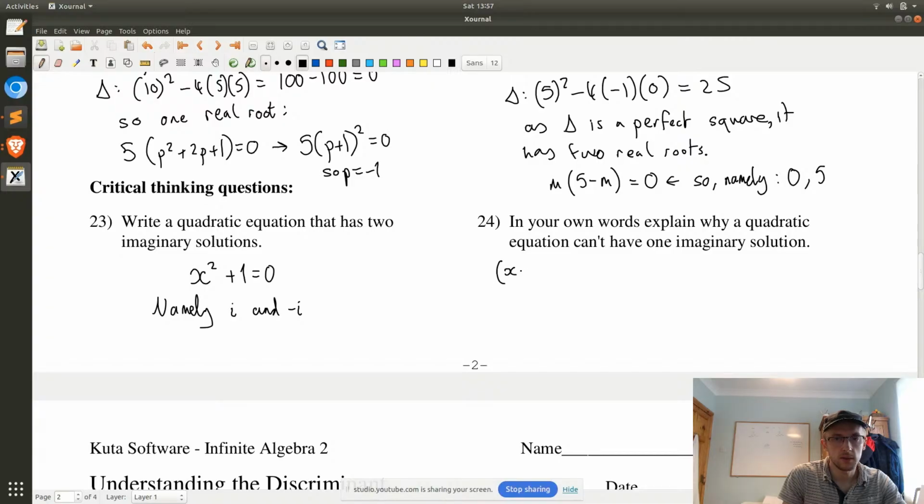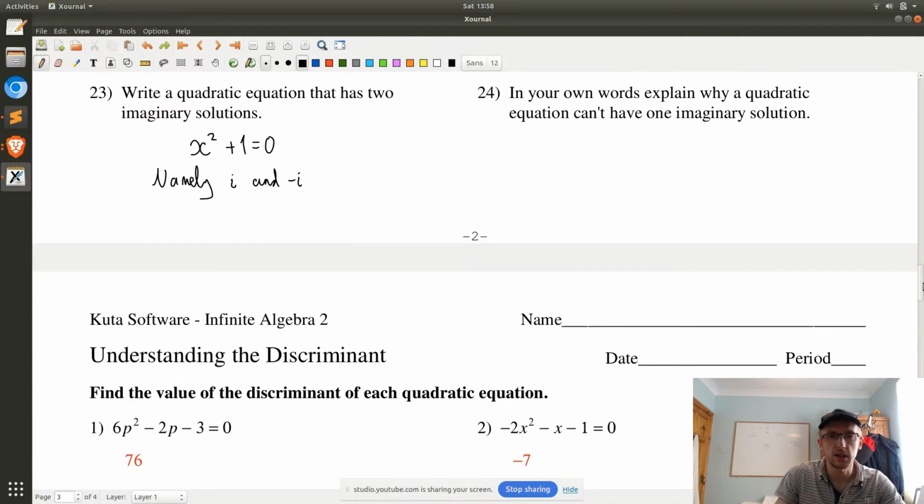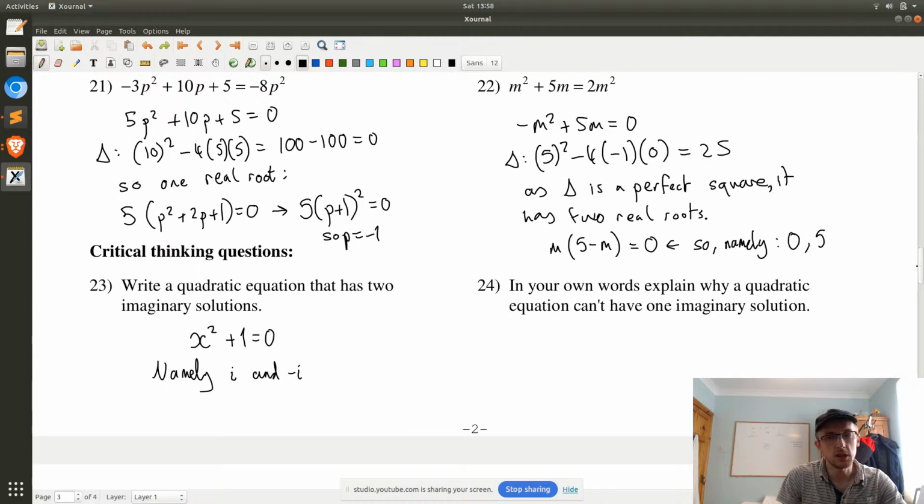Okay, so I've got x take r. I put it in factorized form. I mean, it's just obvious. I wonder what they've said. I mean, answers vary, yeah, but like, just look at the quadratic formula.